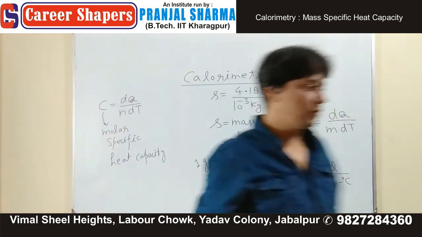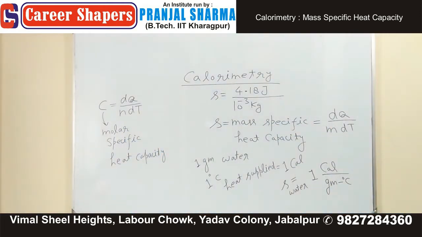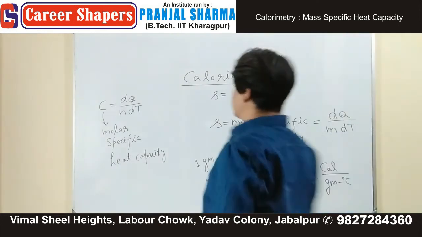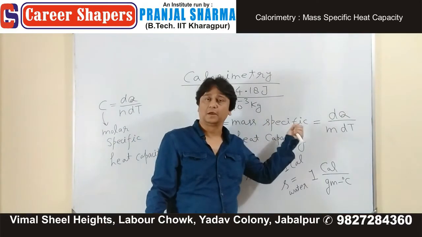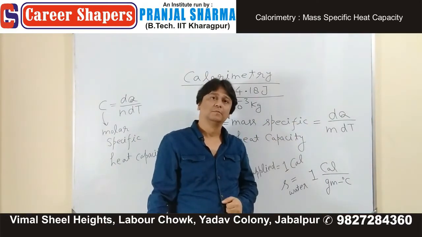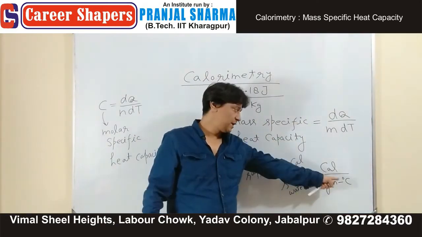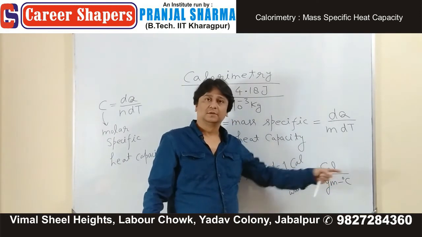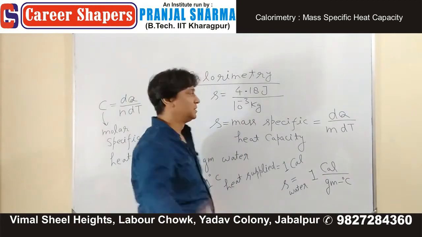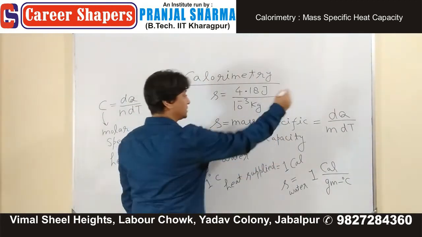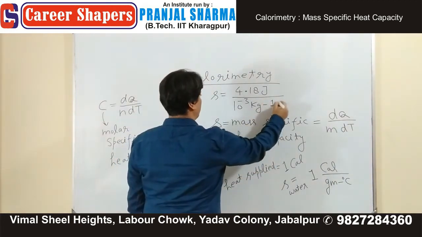And when you go for degree Celsius, you do not use 273. As I told you, change wise, this is not temperature, this is change in temperature, and change wise Celsius and Kelvin both are same, and therefore 1 Kelvin.